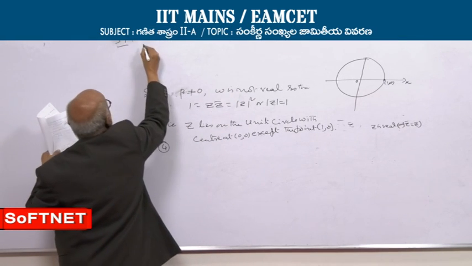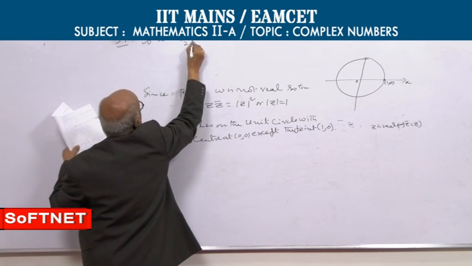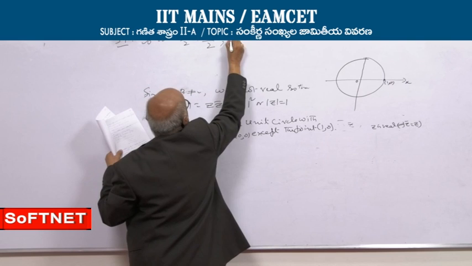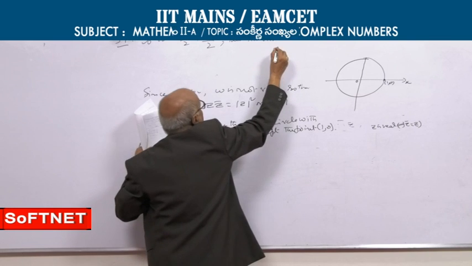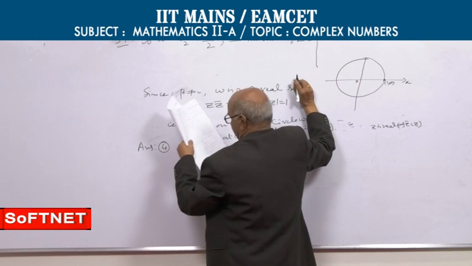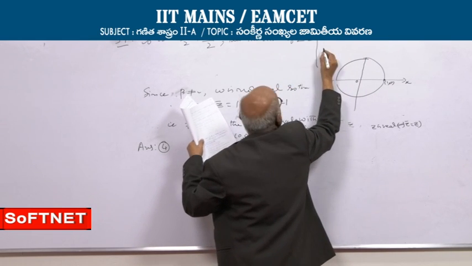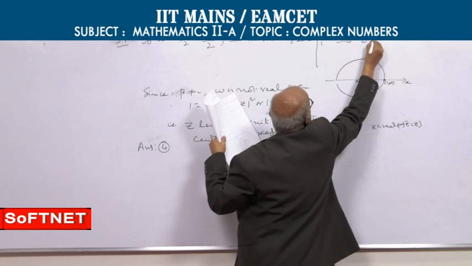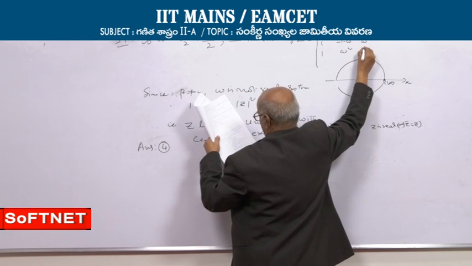51. If omega is equal to minus half plus i root 3 by 2, then the value of delta is equal to the determinant with rows 1, 1, 1; 1, minus 1 minus omega square, omega square; and 1, omega square, omega to the power of 4.